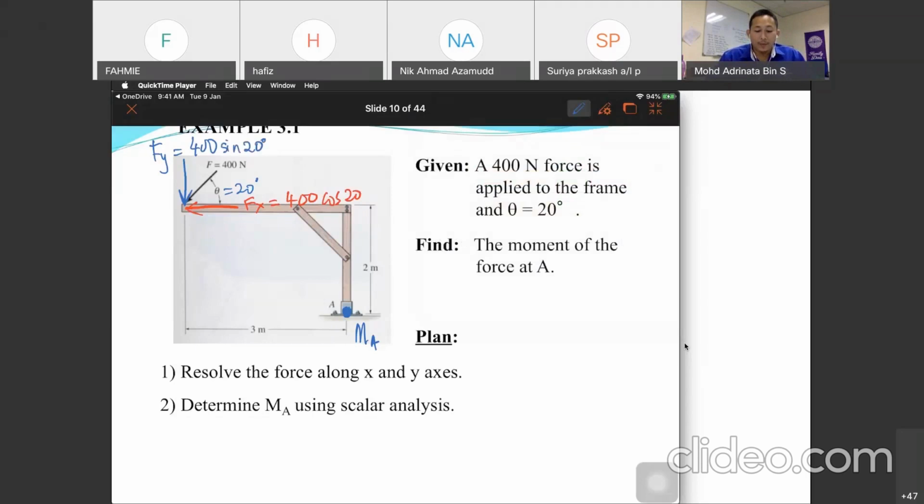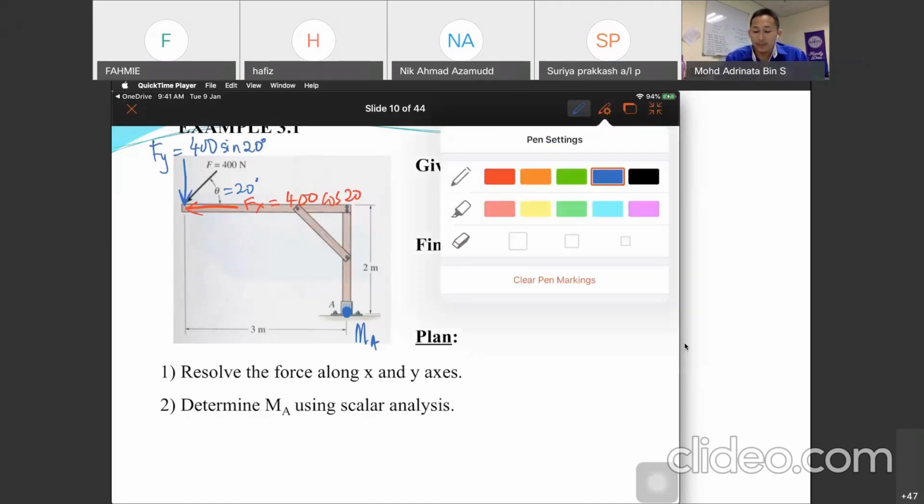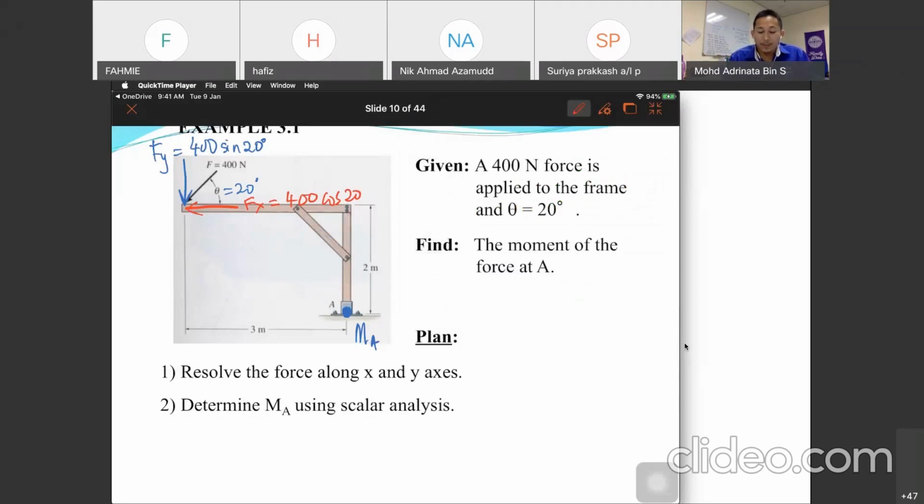Okay, so we have our Fx and our Fy, then we need to find the distance. First we find the distance for Fx. Fx is acting on this line. From point A, draw the 90 degree perpendicular, which should be this one.